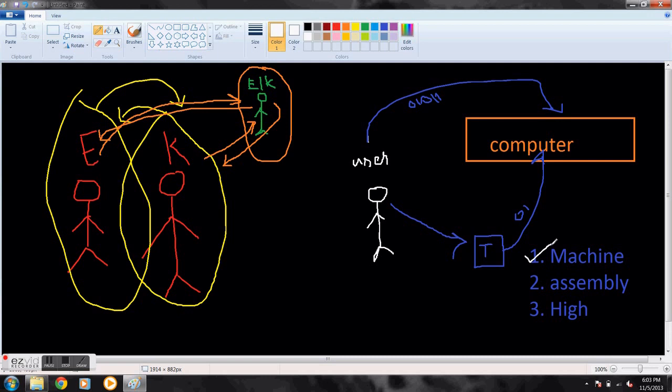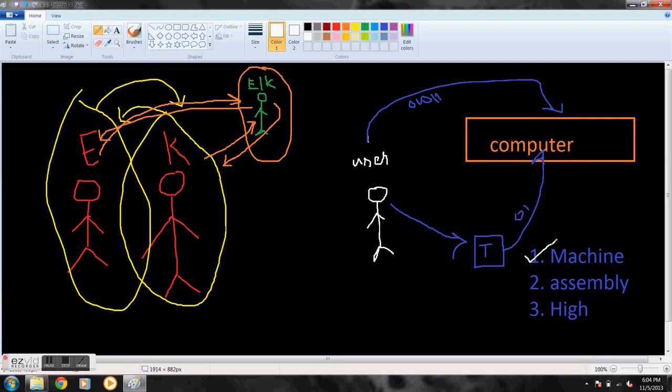So if you write machine code using the zeros and ones, it only works for that computer. Whenever you change the processor, it does not work. That's the major thing. It's not portable. It's not portable in the sense that you write code on your computer, you want to execute it on a college computer, it doesn't work. That's the problem of machine level language.